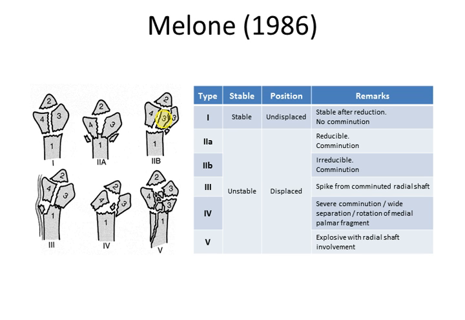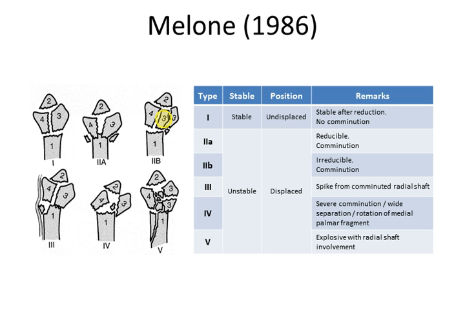Group 2A is reducible but comminuted, and group 2B is irreducible and comminuted. Usually when they say irreducible, it's because there is a fragment that is totally intra-articular with no ligament attached, so you cannot use ligamentotaxis to reduce it. So that's the difference between 2A and 2B.